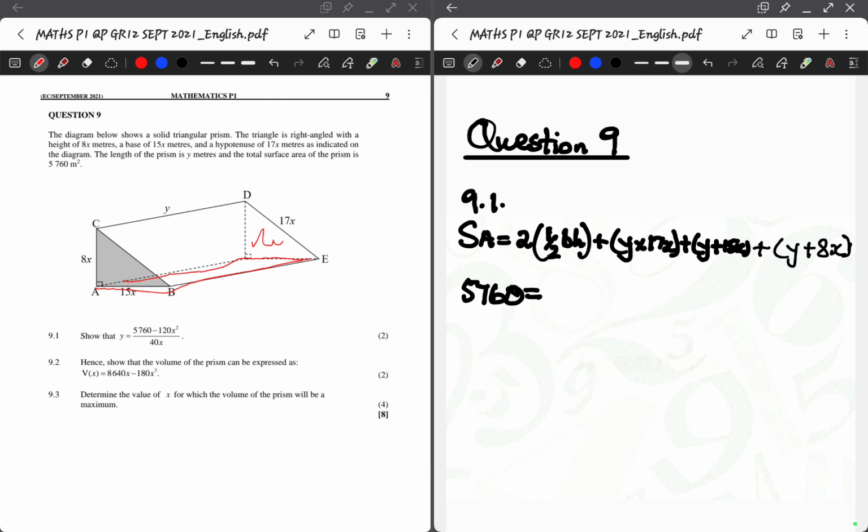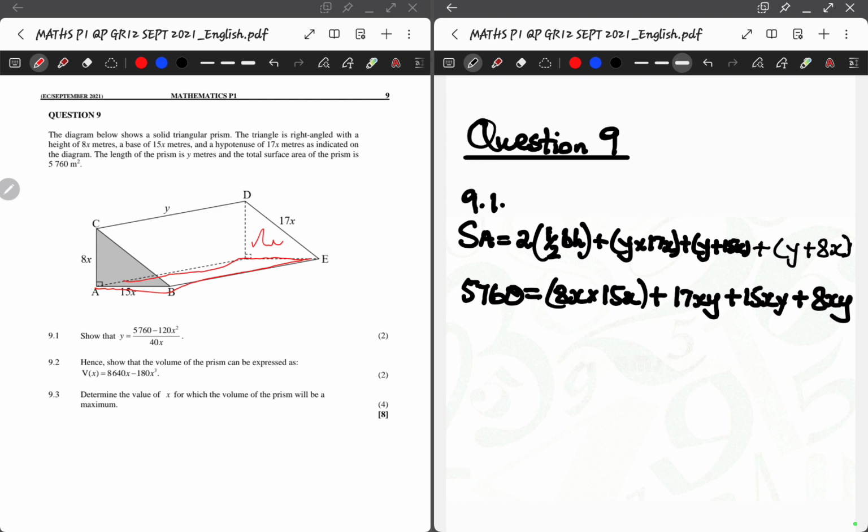So half base times height, that will be 15x times 8x, plus 17xy, plus 15xy, and lastly plus 8xy. This is what we have.